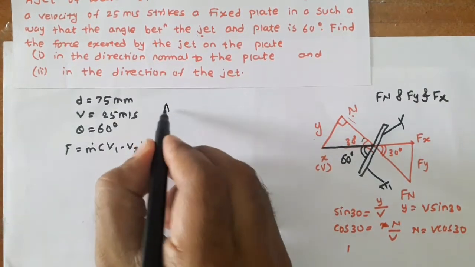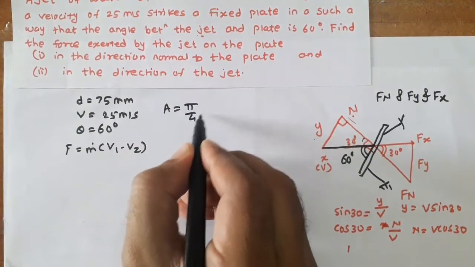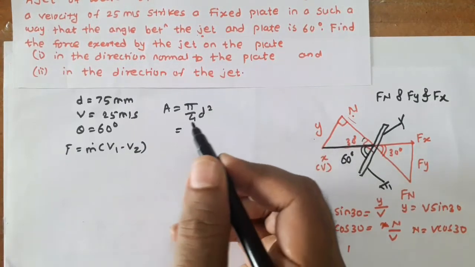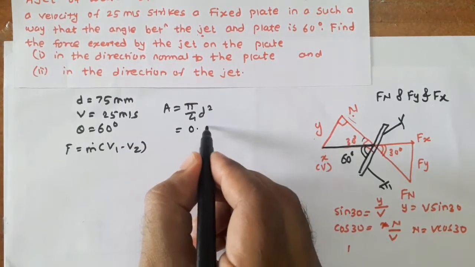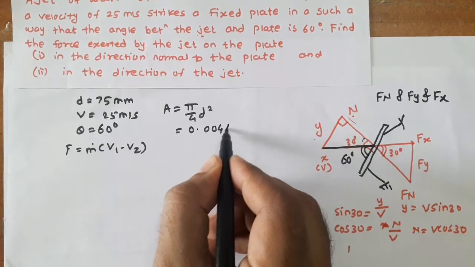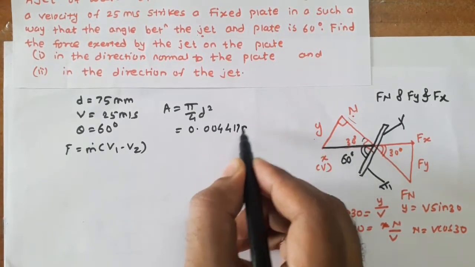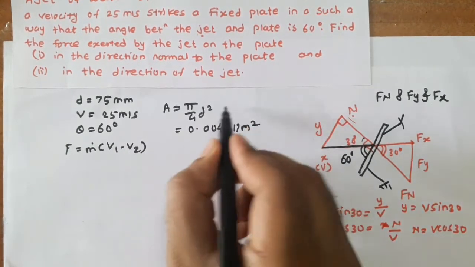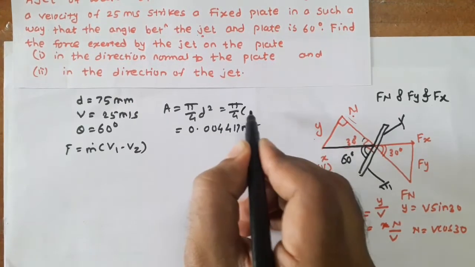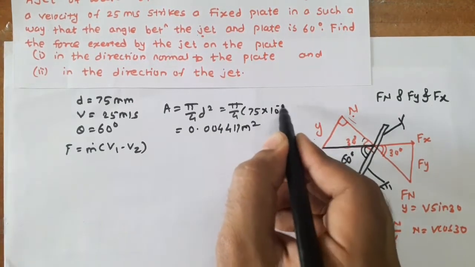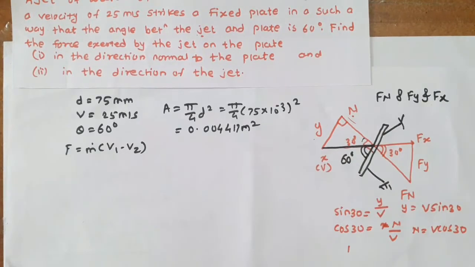First we calculate the area, pi by 4 d square. The area value is 0.004417 meter square, because the diameter is 75 into 10 raised to minus 3, squared. The diameter given is the diameter of the jet.